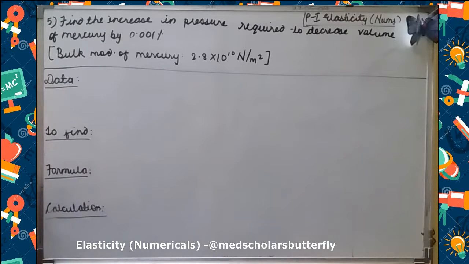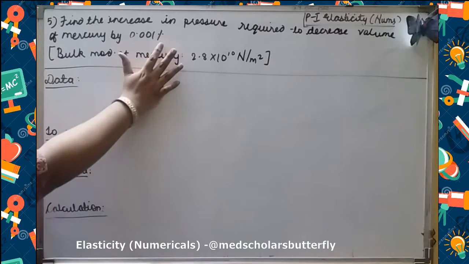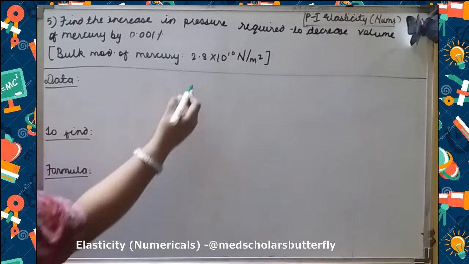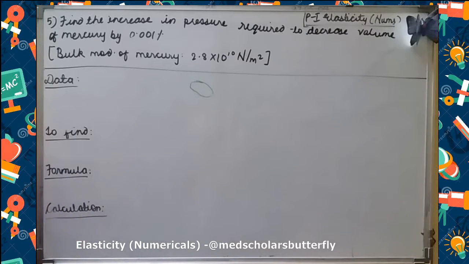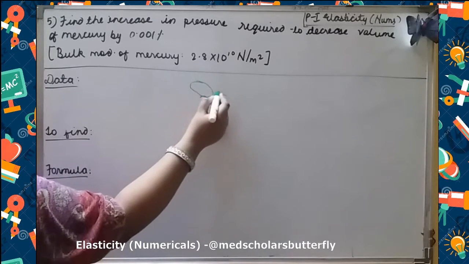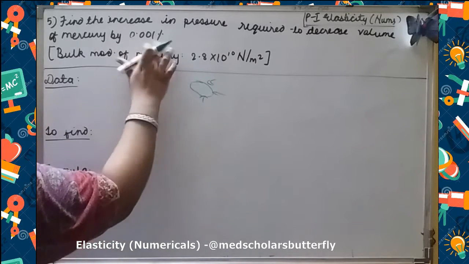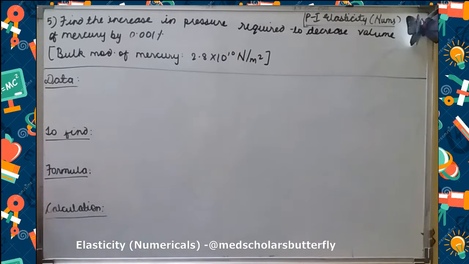Find the increase in pressure required to decrease volume of mercury by 0.001%. That means you are given a fixed quantity of mercury and you have to find how much pressure is required to decrease the given mercury by this much percent. We will start by given data.